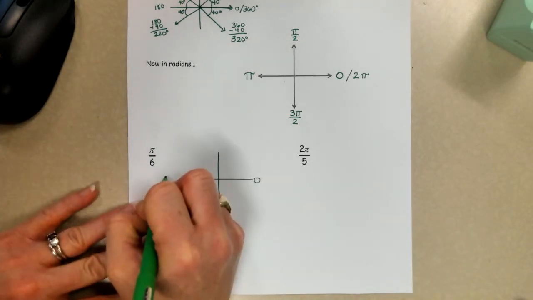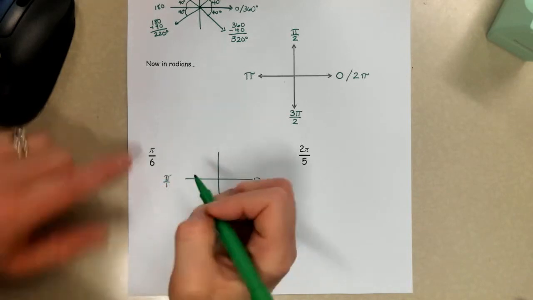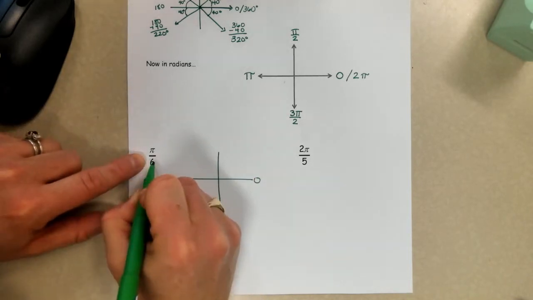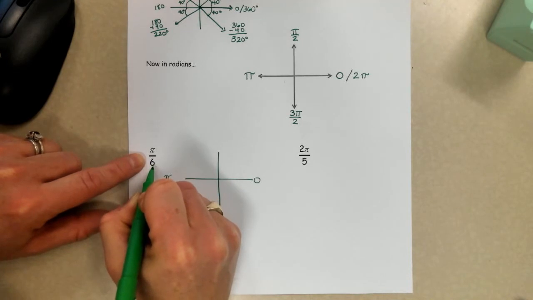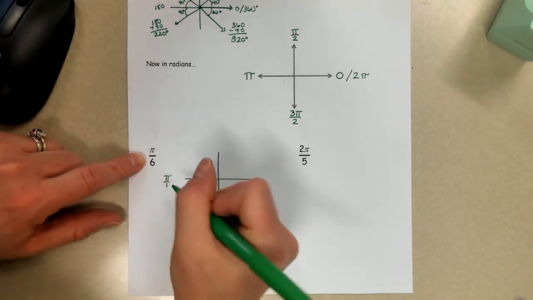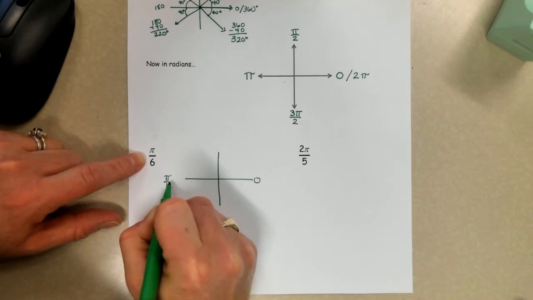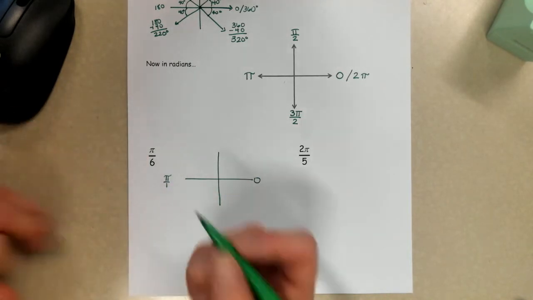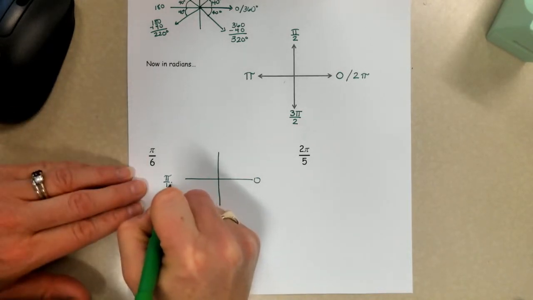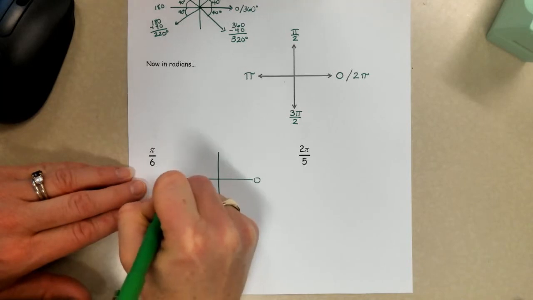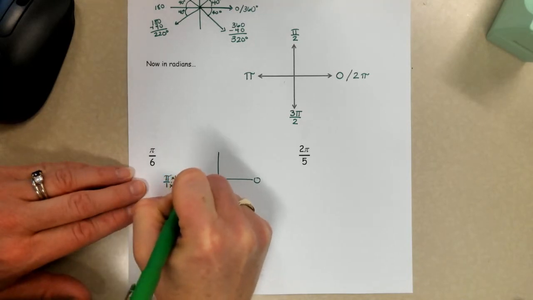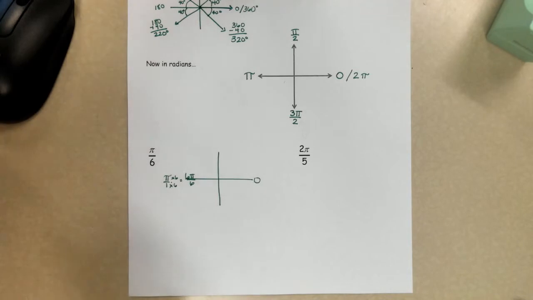But if pi is over 1, and we're going to be wanting to add something with a 6 on the bottom and subtract something with a 6 on the bottom, then we're going to want to change this to have a 6 on the bottom. So let's multiply it by 6 top and bottom, and let's call it 6 pi over 6 instead of pi.